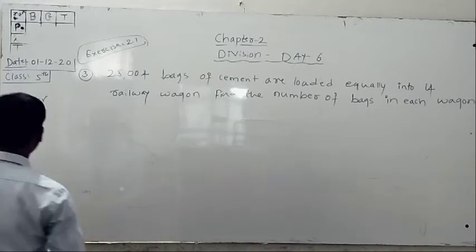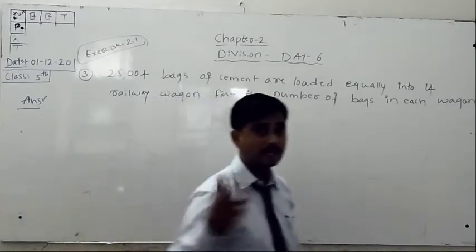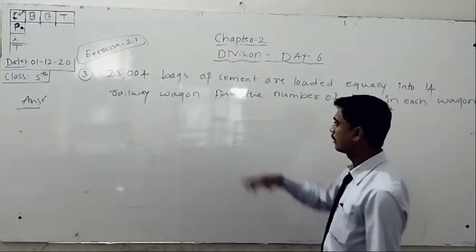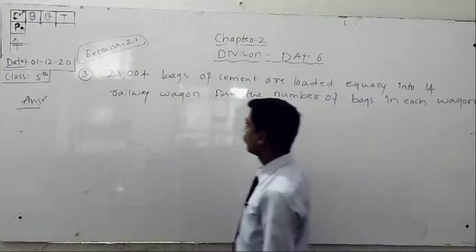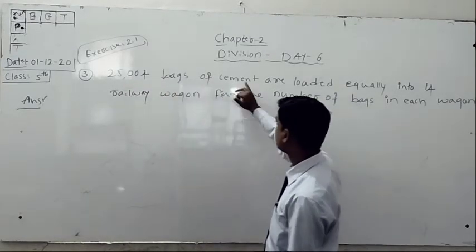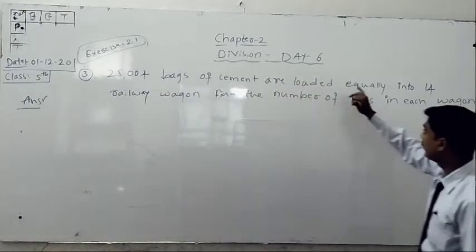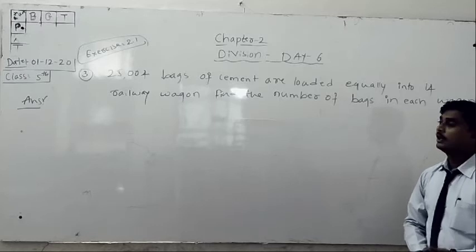Look at the question. Railway bogies are there. You know bogie, that wagon, railway wagon. 25,400 bags of cement are loaded equally into 14 railway wagons.